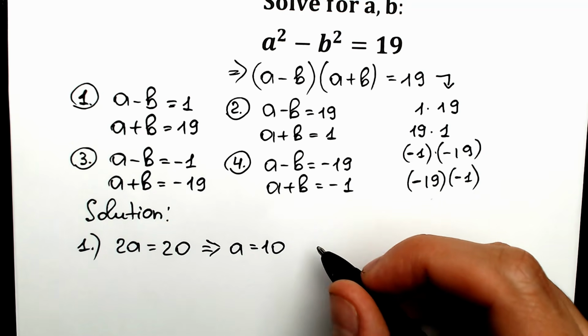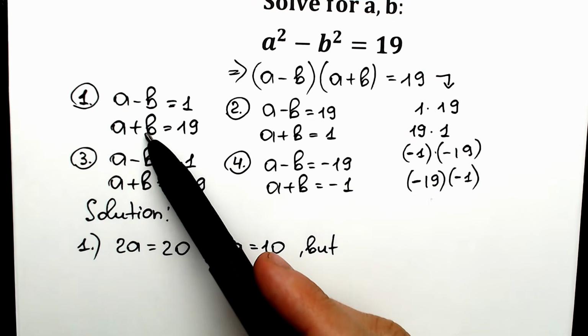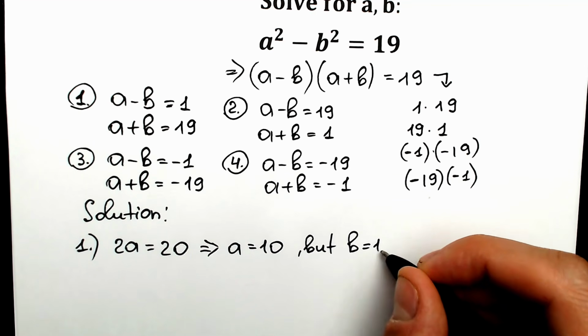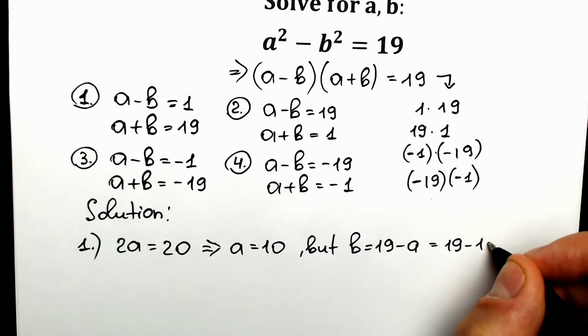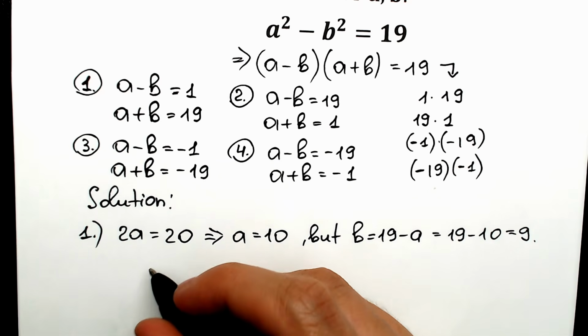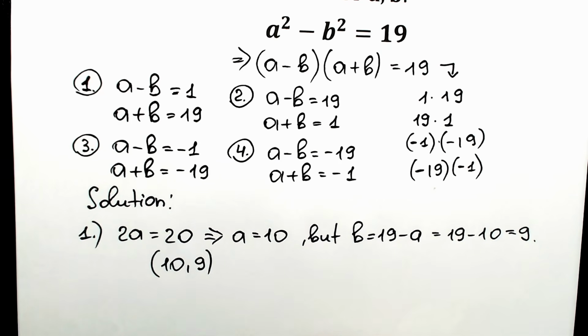What about b? We can write it from the second equation: b equal to 19 minus a. So b equal to 19 minus 10 equal to 9. So we have our first pair, 10 and 9.